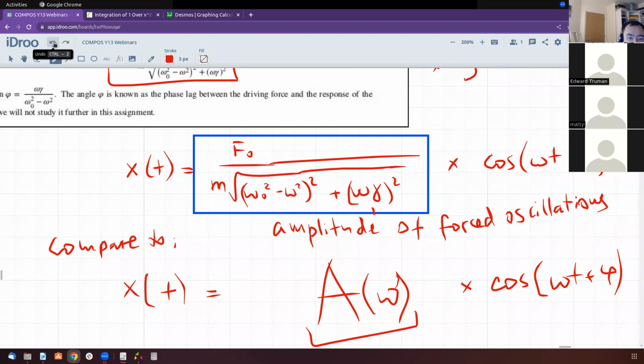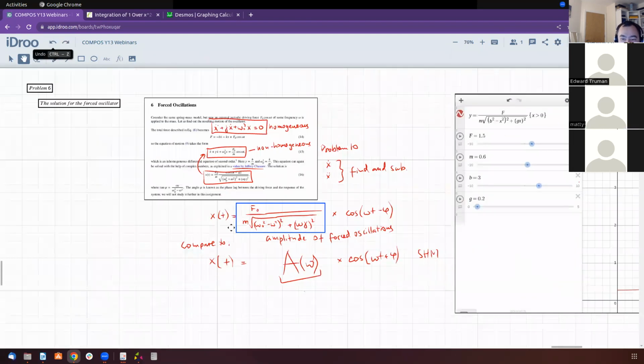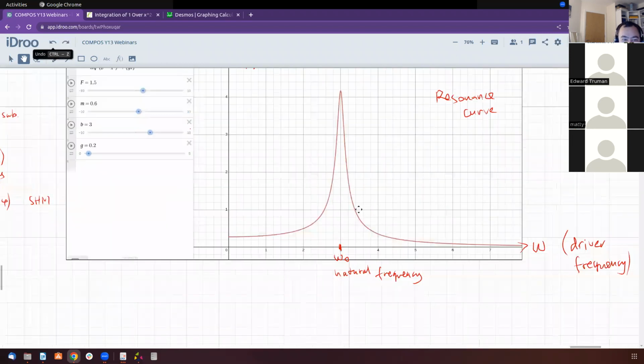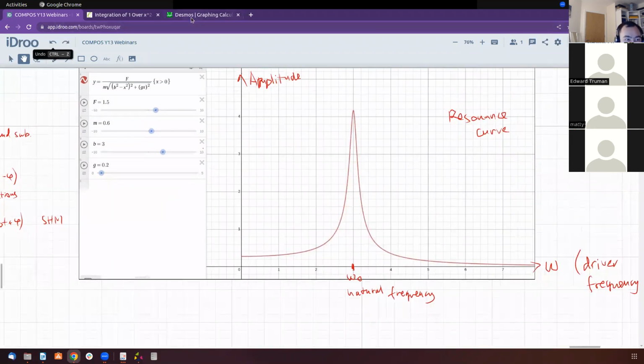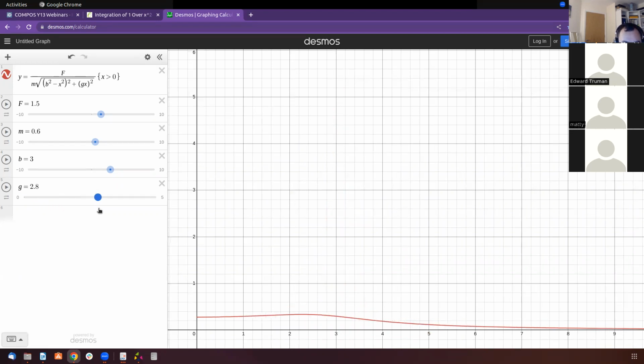If there's no friction, this term is 0, and this is also 0, so we have oscillations that grow infinitely. And if you increase the friction, the resonance curve becomes wider and less pronounced. So at some point it's just nothing.